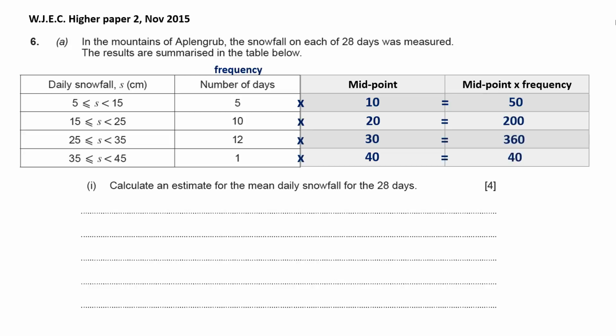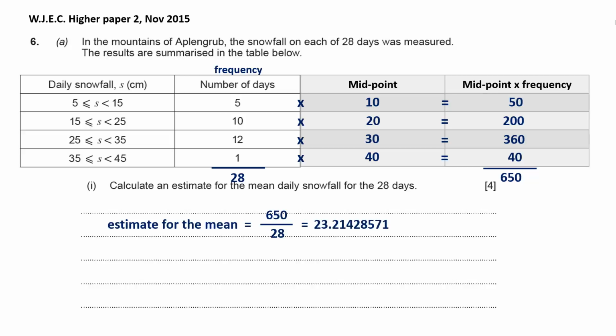Add up the frequency, and the midpoint times frequency, 28 for frequency, 650. Estimate of the mean, 650 divided by 28, we get that. We're going to give an answer to maybe one decimal place, 23.2. There we go.